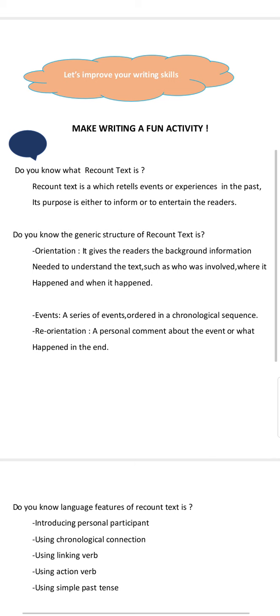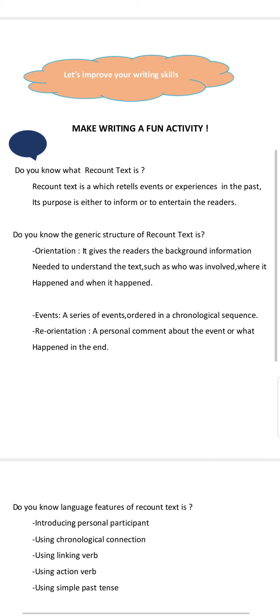And then, do you know what the generic structure of recount text is? So, the generic structure of recount text is, first, orientation, which gives the reader the background information needed to understand the text, such as who was involved, where it happened, and when it happened.